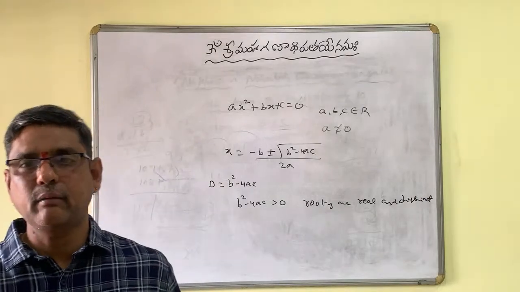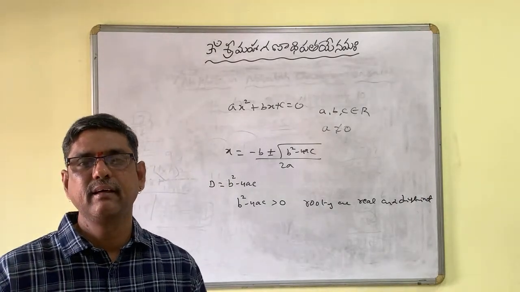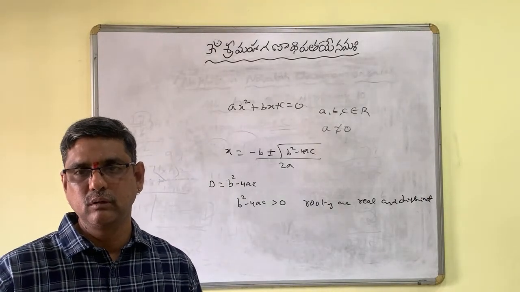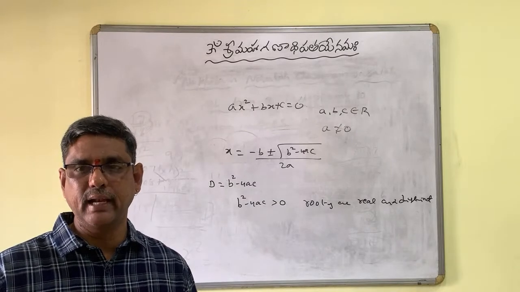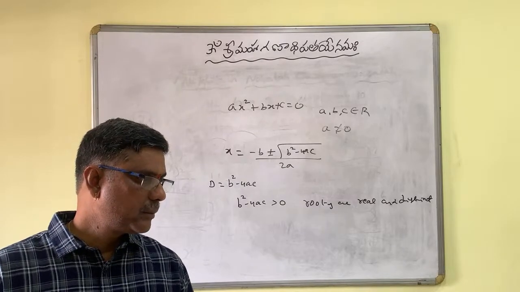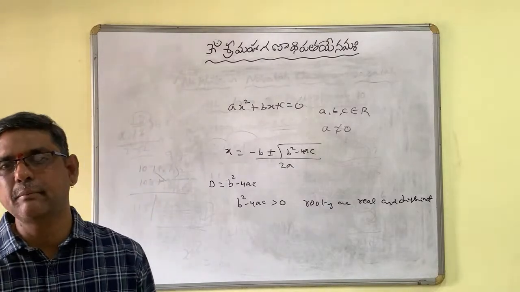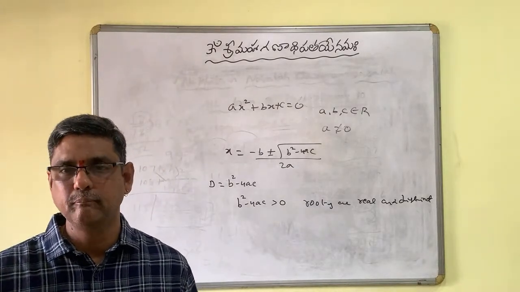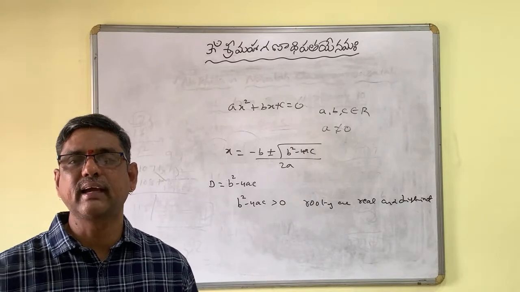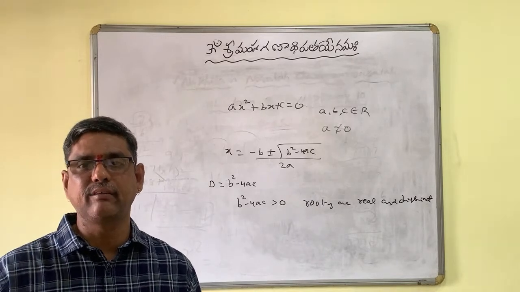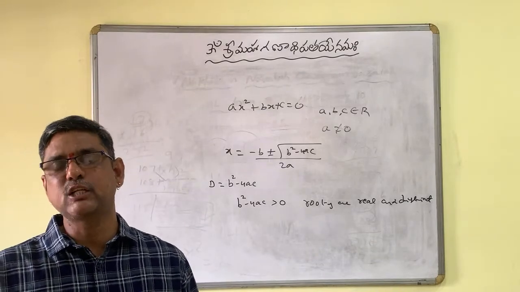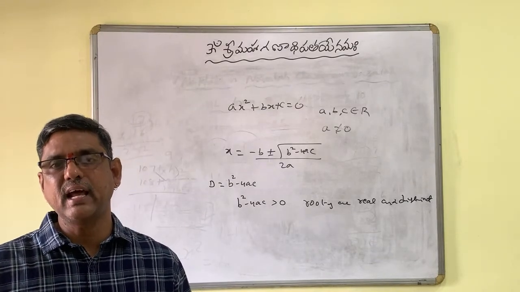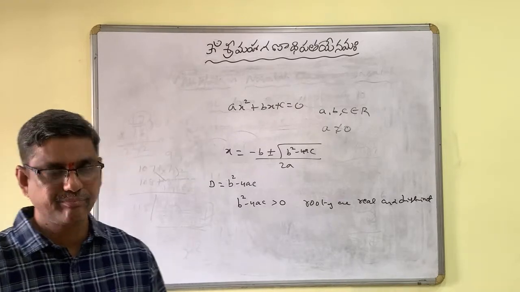Greater than 0 means if it is a positive value, then the roots are real roots and distinct. Distinct means different roots. Real and distinct roots.